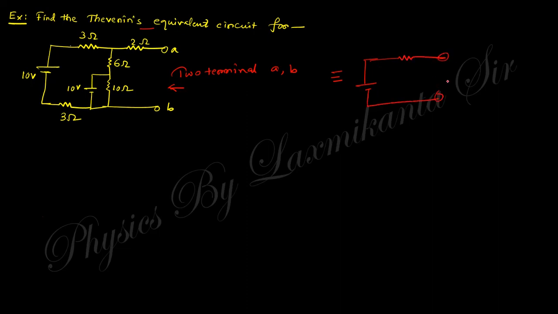This point is A and this point is B. This is RTH, the Thevenin resistance, and this is VTH, the Thevenin voltage.